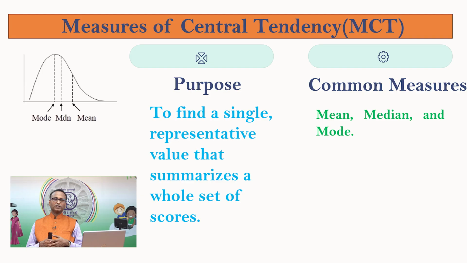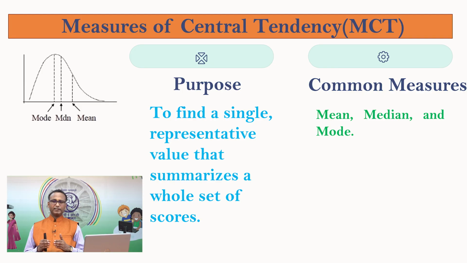When you want to describe the divergence of individual scores from the mean or from the center, you use measures of variability. When you are interested in the relationship or association between variables, you use the measures of relationship or the measures of correlation.